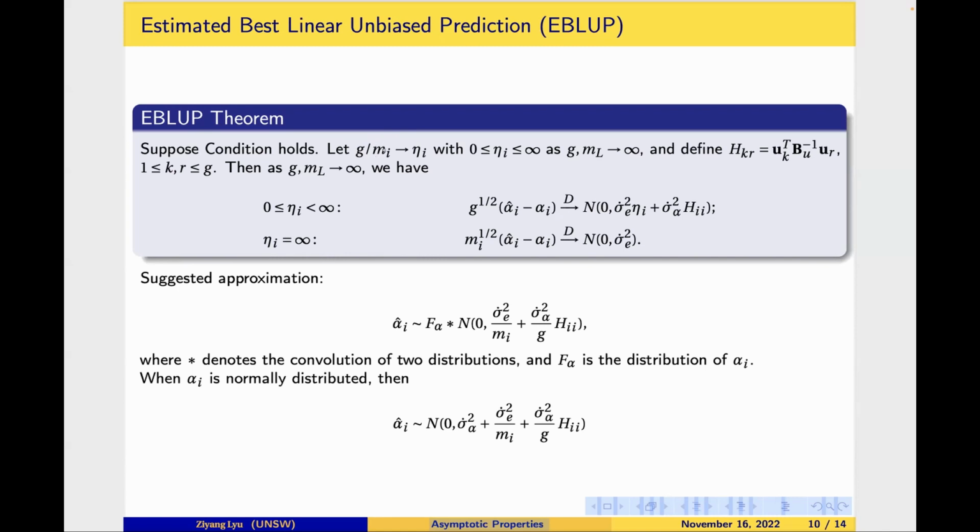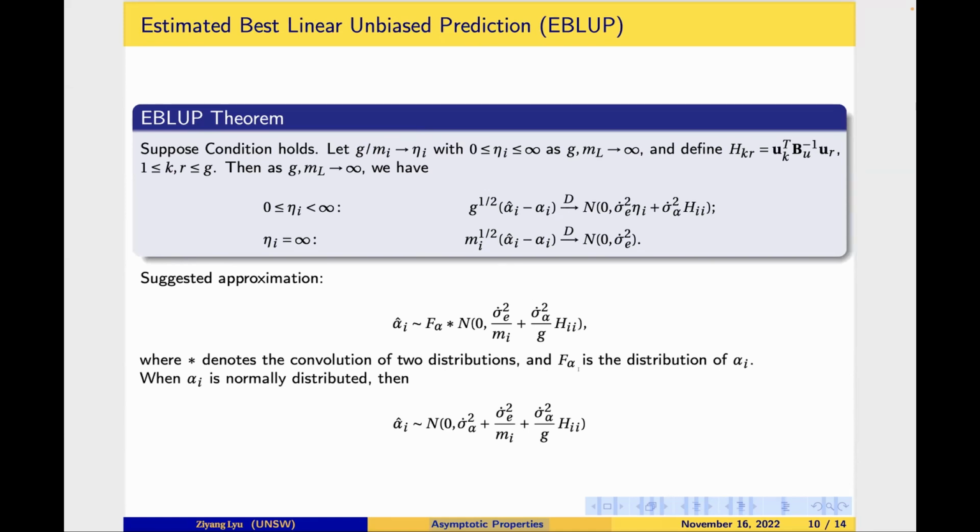So we have a lot of clusters, but the cluster sizes are relatively small. It will give another asymptotic result for the E-BLUP. So Mi^(1/2) multiplied by (alpha i hat minus alpha i) has an asymptotic normal distribution with mean 0 and variance sigma_e squared.